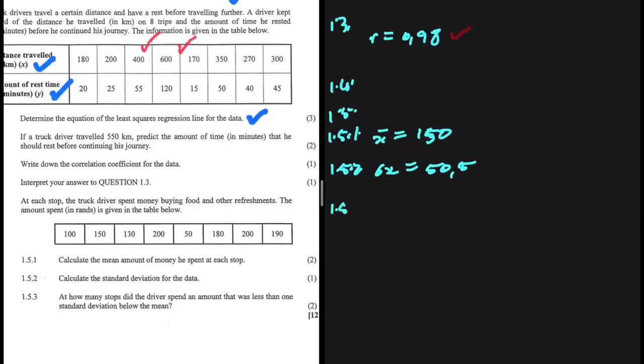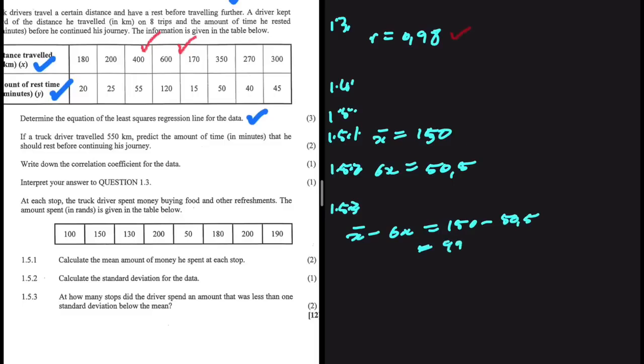And the question that follows, 1.5.3, we want to know how many stops did the driver spend an amount that was less than 1 standard deviation below the mean. What does that mean? 1 standard deviation below the mean. So it is the mean minus the standard deviation, which is 50.5. Okay. What do I get?